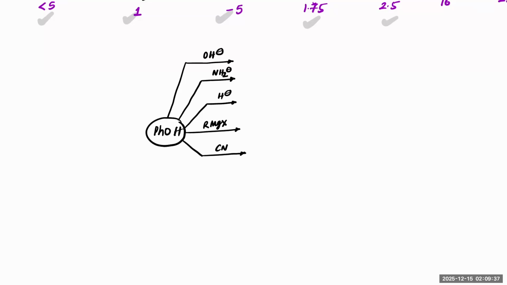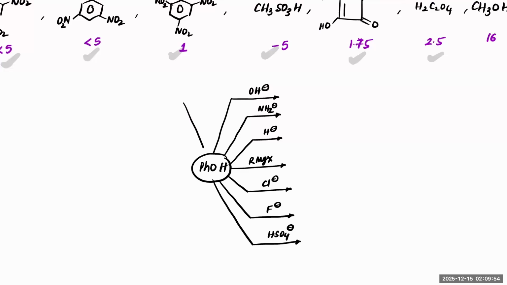Then we have Cl minus. I have F minus. We have HSO4 minus. Then we are reacting with RCOO minus. Then we have RO minus.